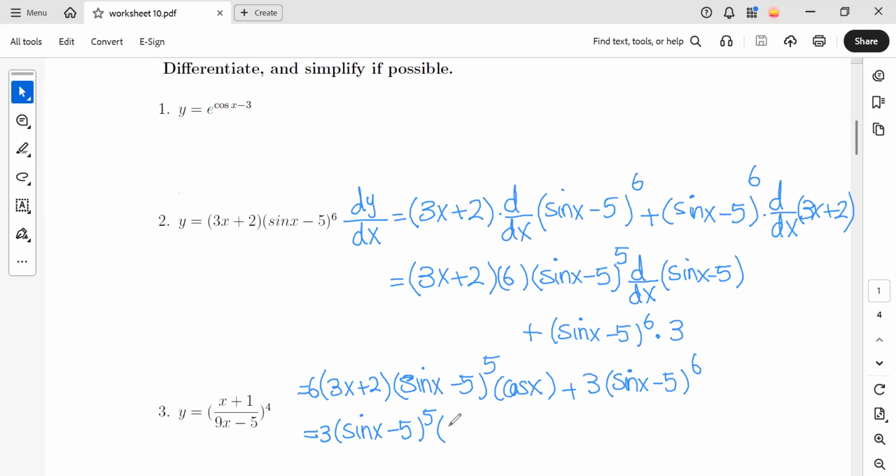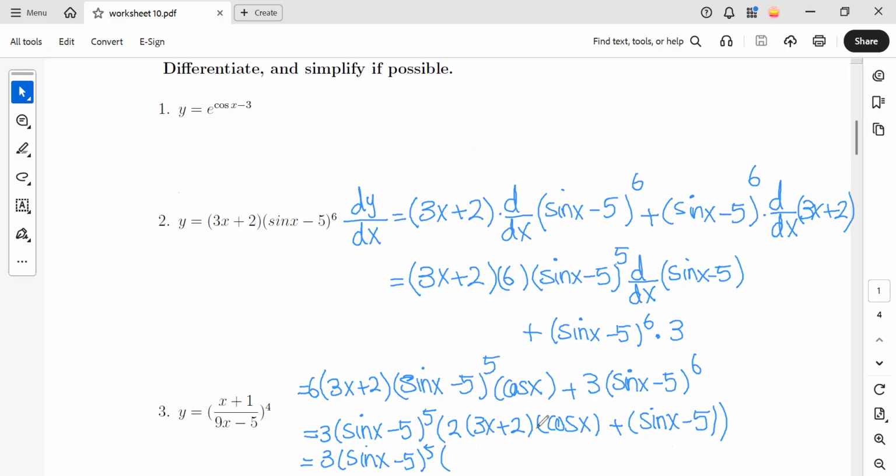So we are left with 2 times 3x plus 2 times cosine of x from the first one, and sine of x minus 5 from the second one. We can rewrite it here.